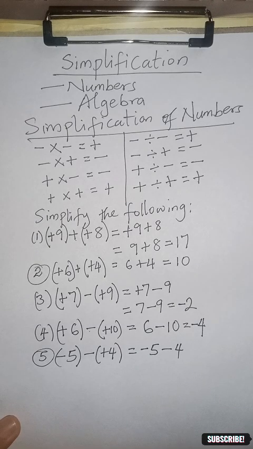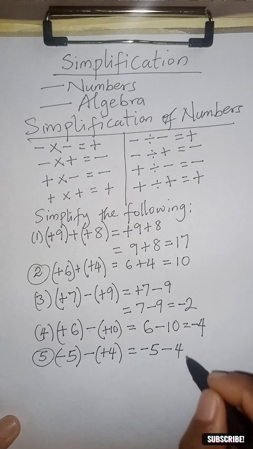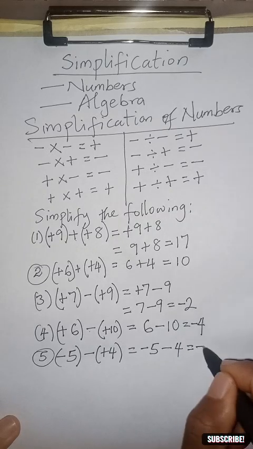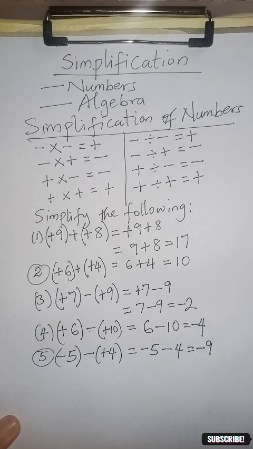So minus 5 minus 4 will give me minus 9. Why? You can use the concept of I am owing someone 5 and I'm also owing another 4. So together I'm owing 9 because of the minus attached to it.